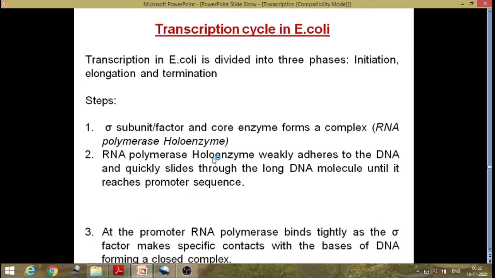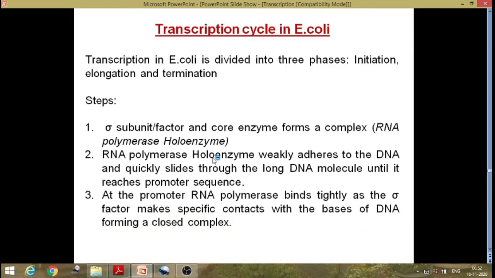Then in the third step, at the promoter, RNA polymerase binds tightly because of sigma factor, because sigma factor makes specific contacts with the bases of DNA, and then it forms a closed complex.